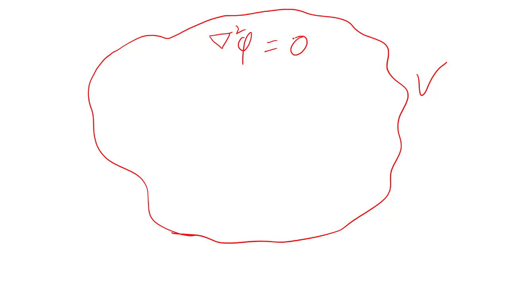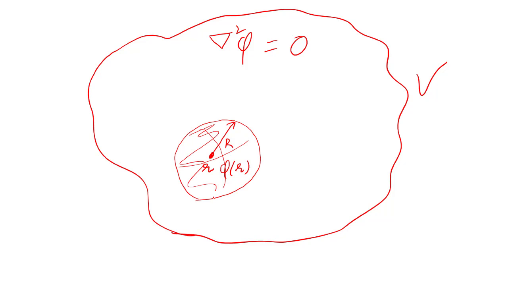If del squared φ is equal to 0, then φ is harmonic, and what that means is within this volume, if I pick any point, let's call it R, then at this point R, the value of φ of R is simply: you extend out into space by capital R, you draw out a sphere, and you average φ over the sphere. So φ of R would be 1 over 4πR squared, that's the surface area, integral φ of R prime dA prime. This is the mean value theorem.